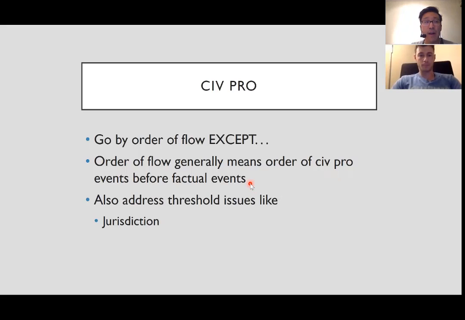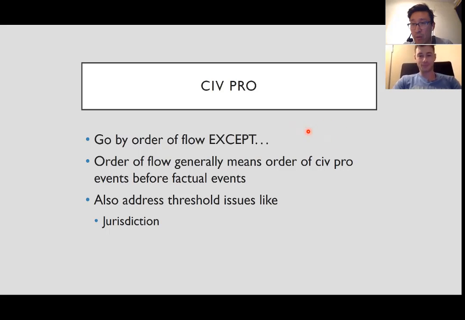I'm talking about the flow of litigation, that you can follow the issues if it's that kind of Civ Pro exam where you're going through procedure and filing deadlines and initiating federal litigation.